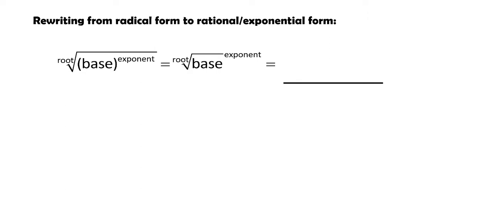So here we have the root. Well, let me start with the base. The base always goes right here. Okay, the base is the same here. So you will still keep the same base. The root, like the square root, will be the denominator of the exponent.